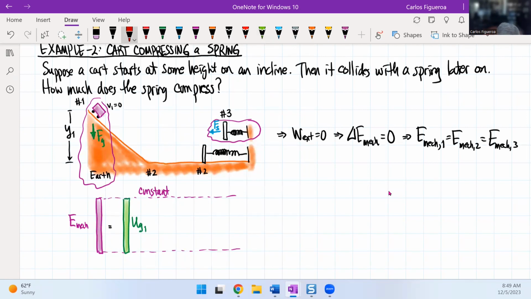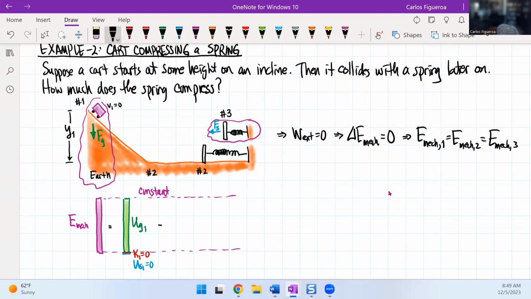The cart starts at rest, so therefore kinetic energy is zero. There is no spring system here, so the spring potential energy is zero here. It contributes nothing to the energy of the cart.